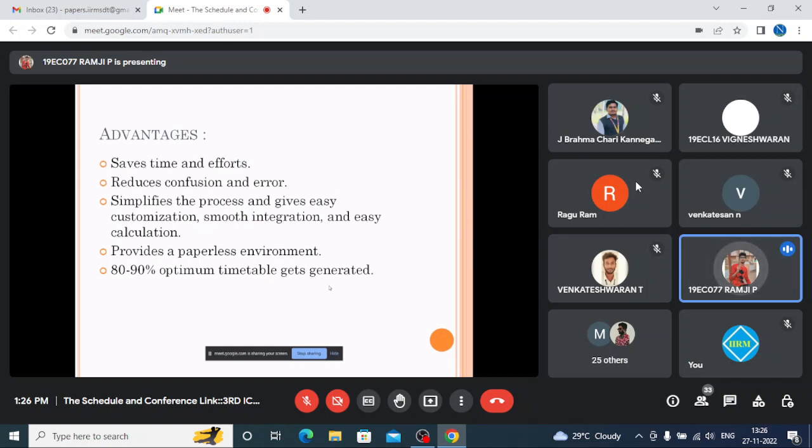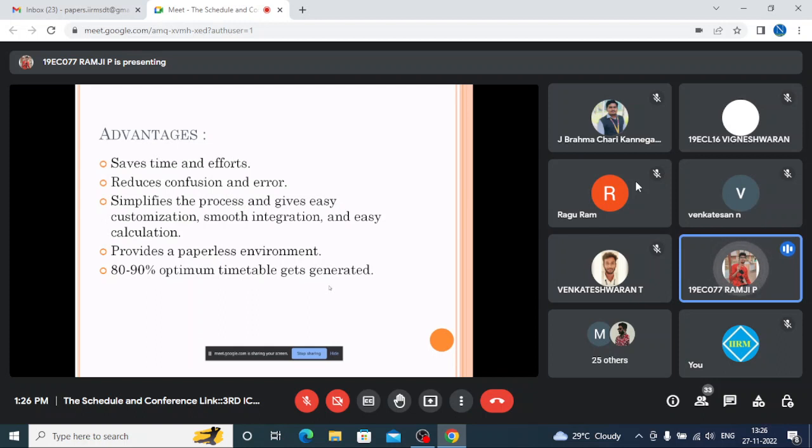The advantages of this smartphone application are that it saves time and effort. As I already mentioned, making a timetable is a tedious job for the faculties. If they do a timetable manually, it takes much time and they need support from other faculties.